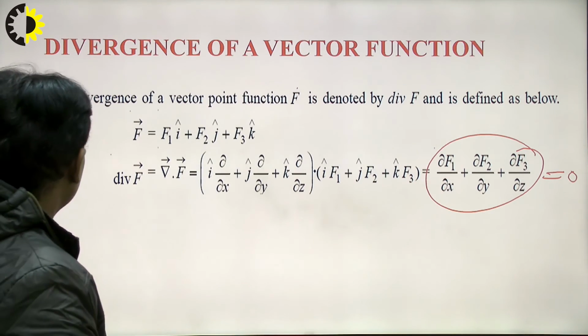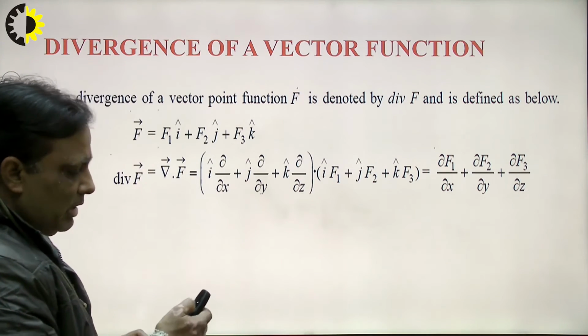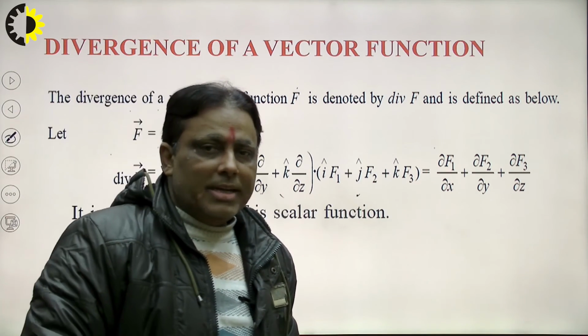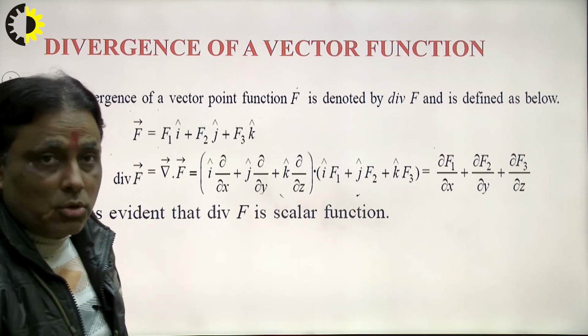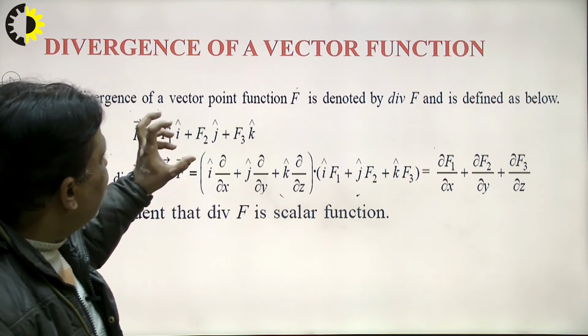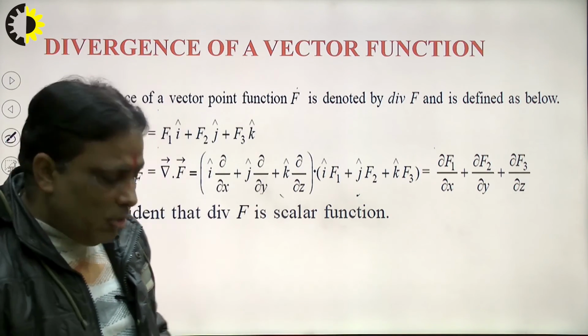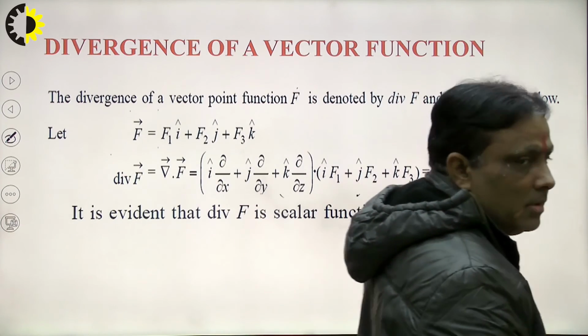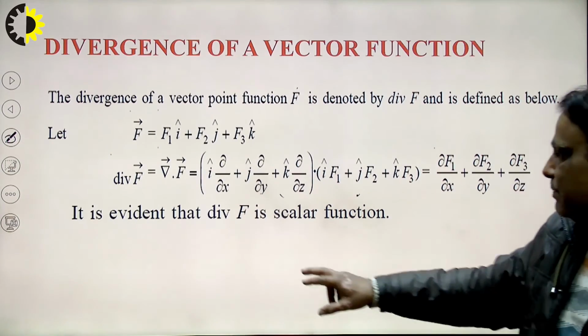So, student, keep this in mind when we solve problems in the future, because it plays a very important role. Now the question is what will be the result of divergence? The result of divergence will be a scalar quantity.